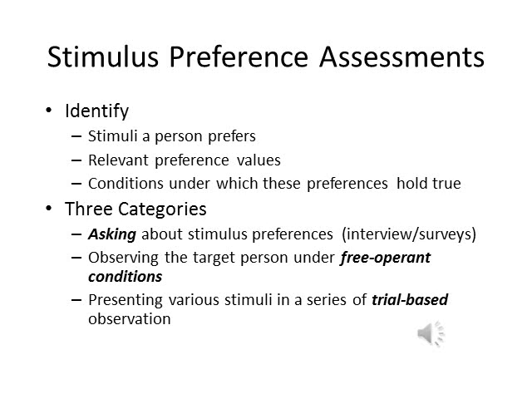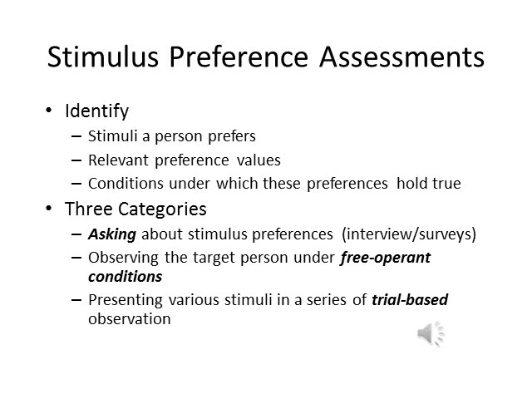We have three general ways to do this. The first one is asking about stimulus preferences of someone, either through interviews, structured interviews, or surveys. There are some examples of these on the Blackboard site, and you can certainly find others on your own. The second way is we can observe what kinds of stimuli or activities people interact with under free offering conditions.